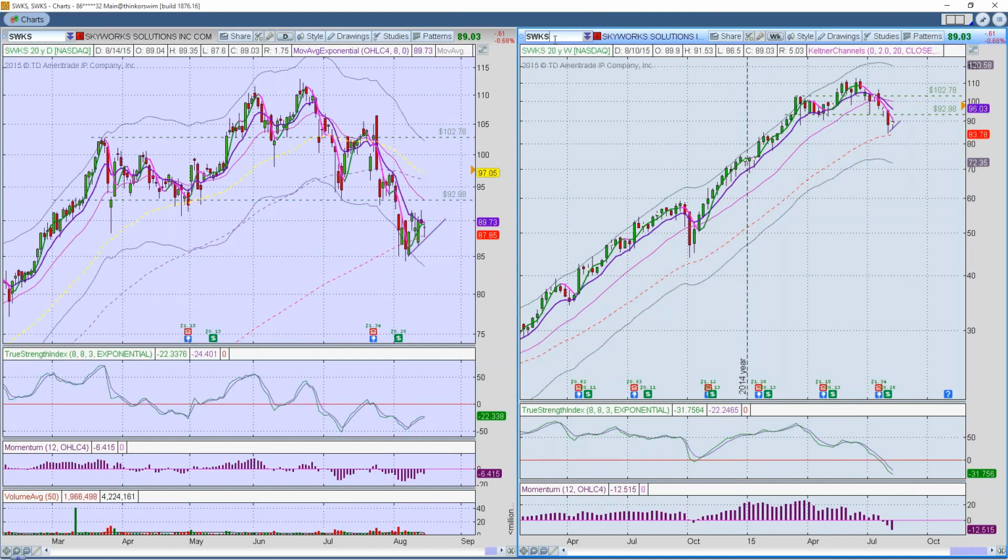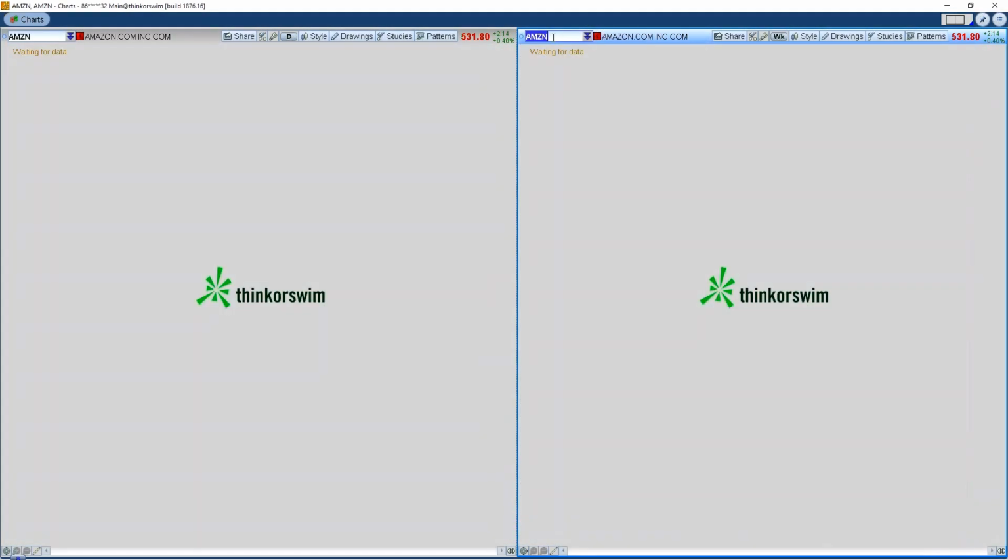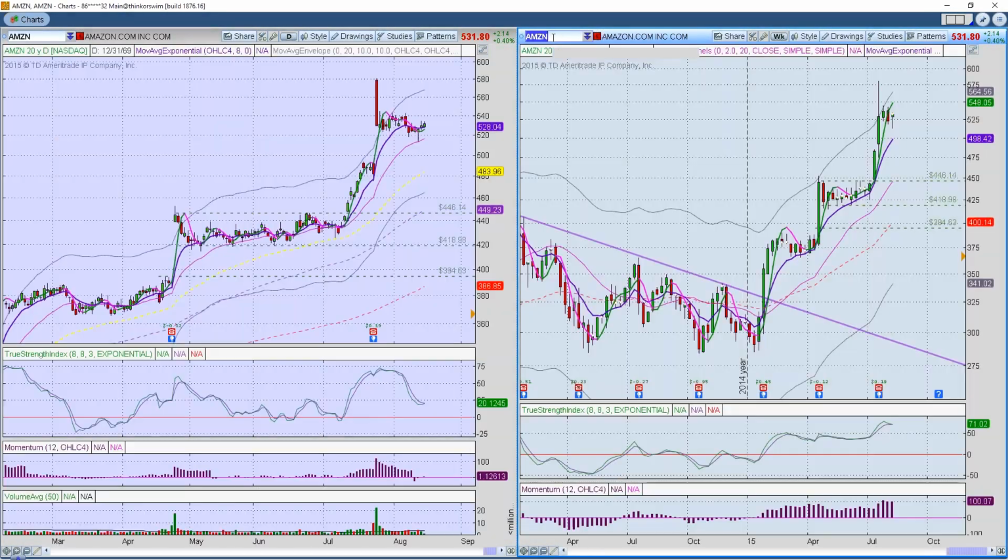Okay, Coolwinder. Let's look at Amazon. Amazon has been hanging in there pretty tightly. As we've noticed, I want to show this a really good example that is worth noting. Look how Amazon has tended to go over the last half year.